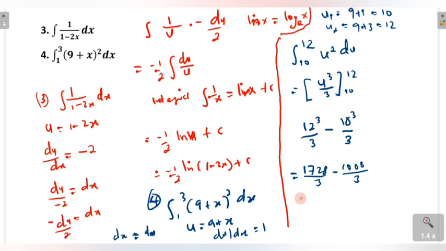And when you divide this by 3, that's going to give us 576 minus 1000 over 3. And when you work this out, this is going to give us 728 divided by 3. You can simplify this further if you so wish to.